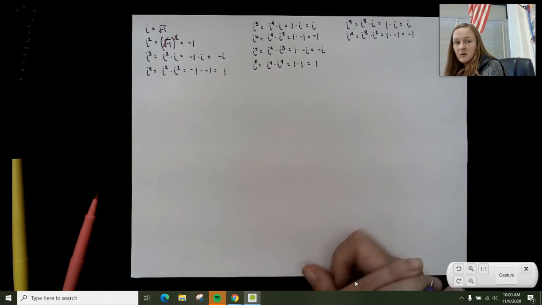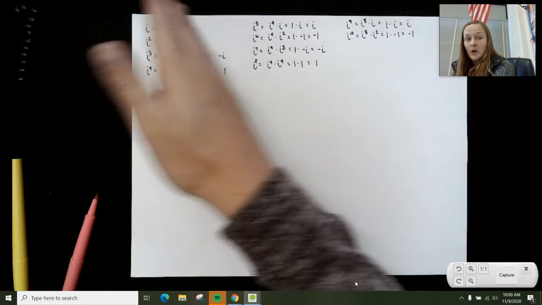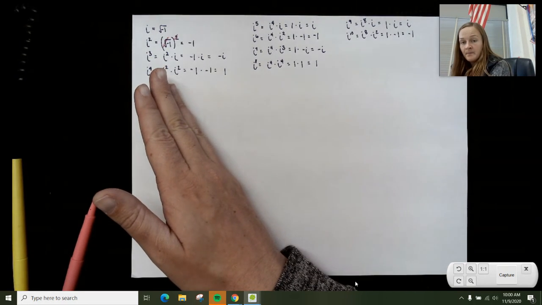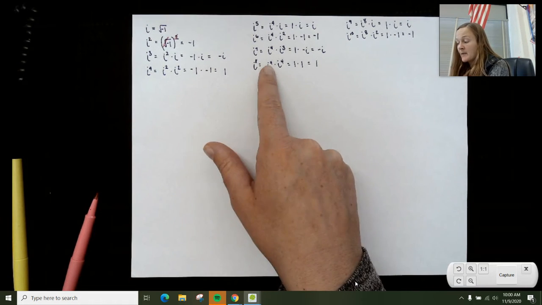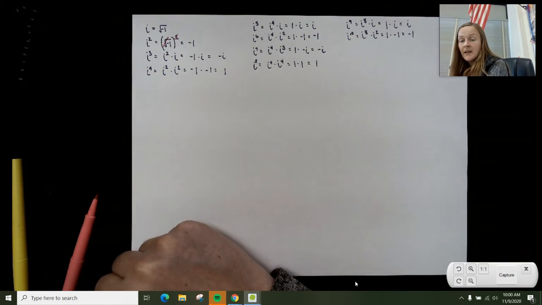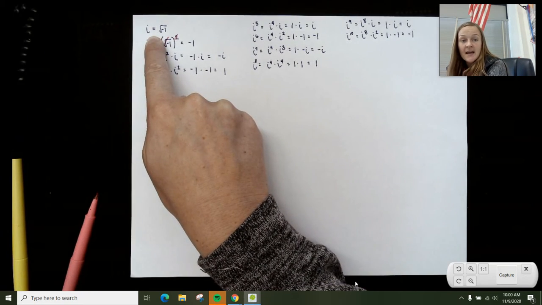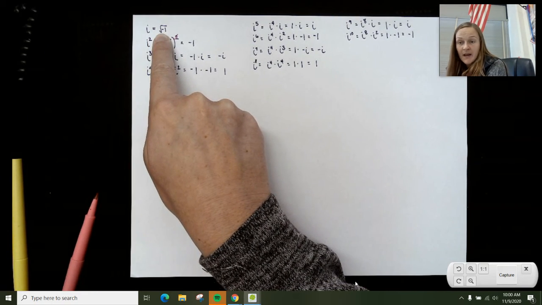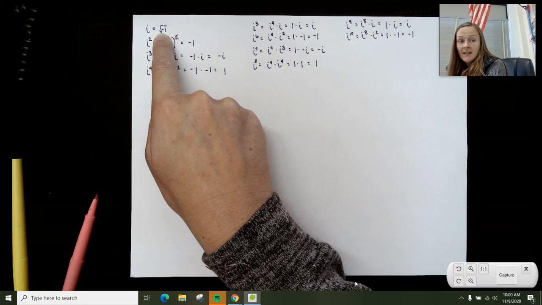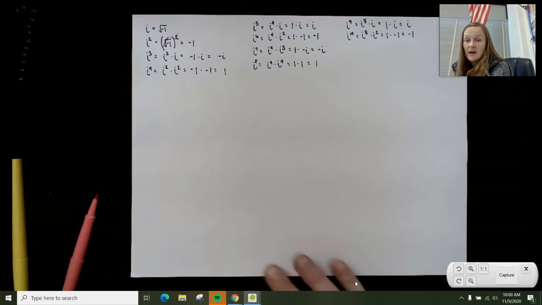Every single thing I'm doing is referring back to this first cycle, but also jumping off of the last term in the cycle. I developed all of this solely through the idea that i equals the square root of negative 1. And then I used exponent rules to develop the rest.